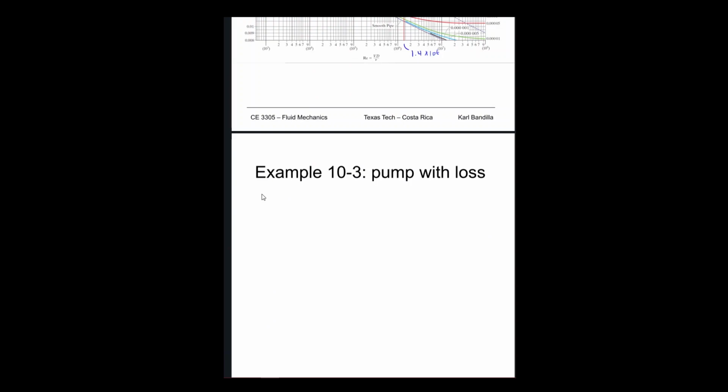So we can say h_L is then, as a reminder, f L over D times V squared over 2g. So that would be 0.0188.